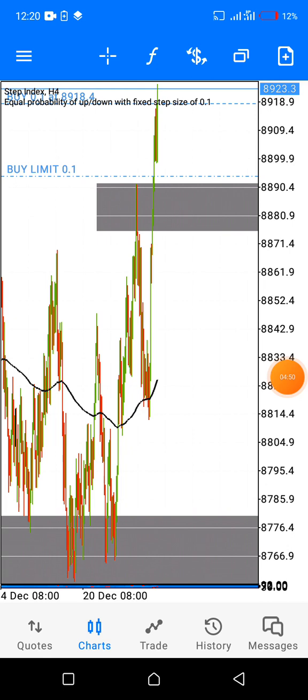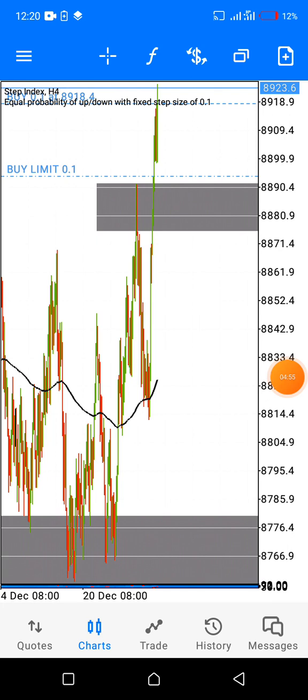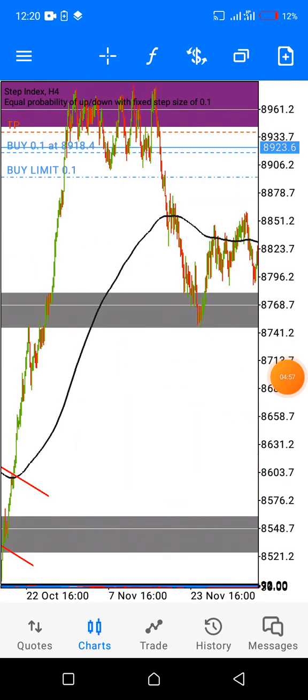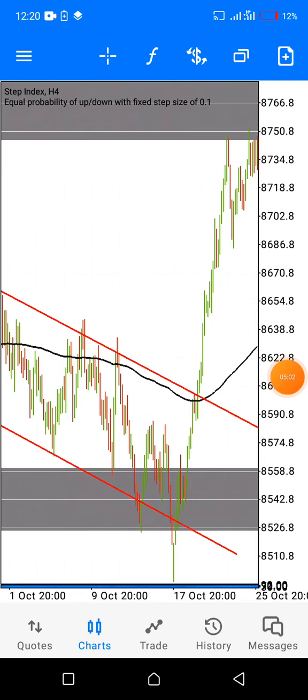I think the trade I missed was in step index. So you're here in step index. Yeah, see the trade here.